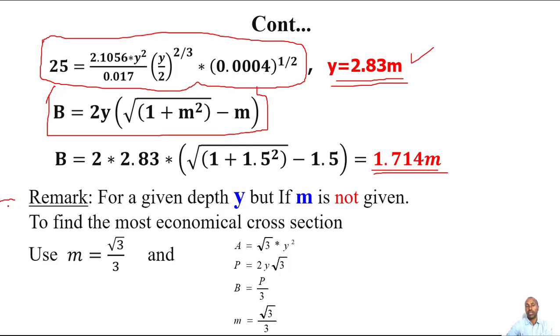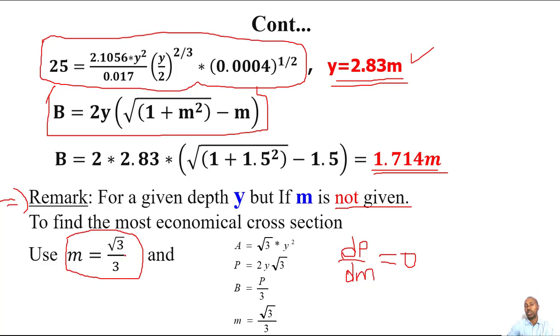So as a remark, for a given depth y, if m is not given, we just differentiate dP by dm, dP by dm equal to 0. For what value of side slope will the channel be more efficient, the most economical cross section? We already proved this one: it is 60 degrees from the horizontal.